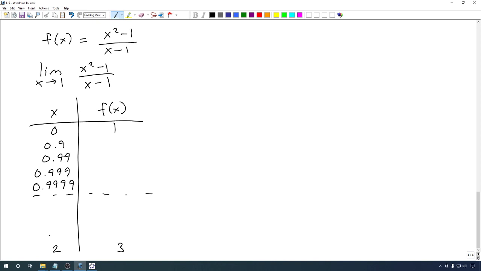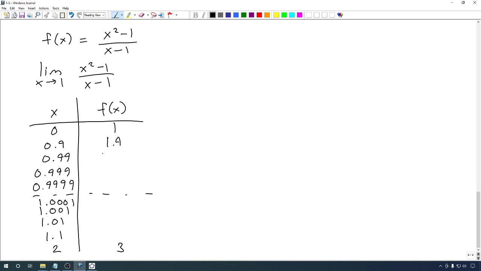And on the other side, I took 1.1, 1.01, 1.001, and 1.0001. For 0.9, I got 1.9.